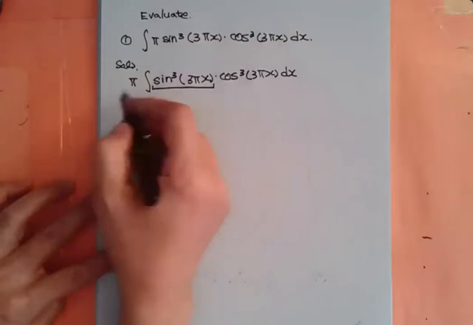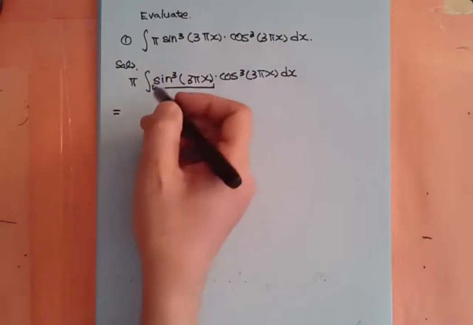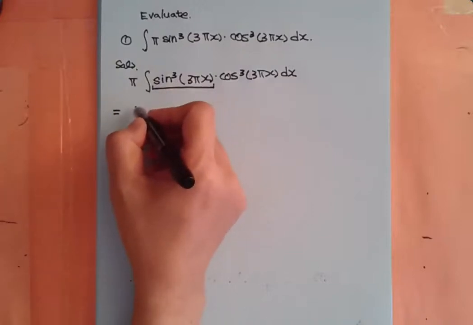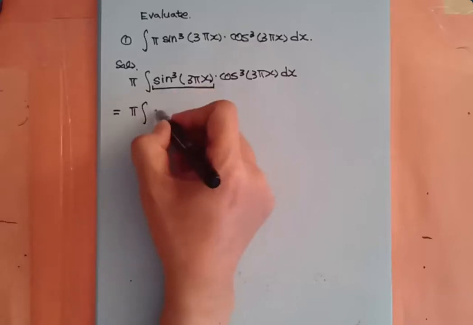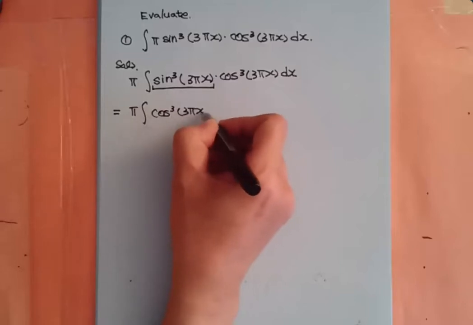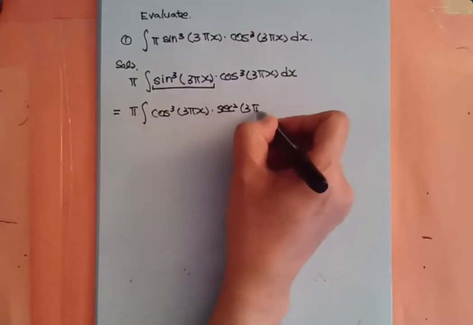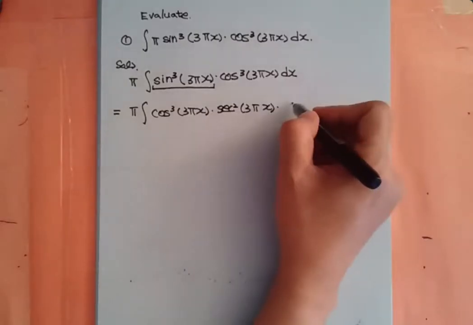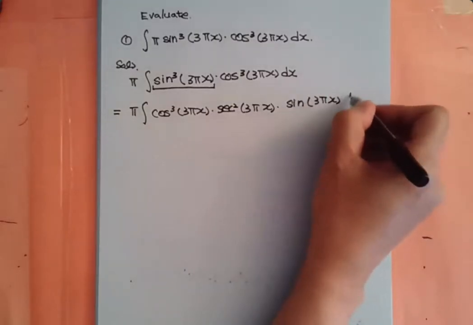We want to split sine. Then it becomes pi integral of cosine cubed of 3 pi x times sine squared of 3 pi x times sine of 3 pi x dx.